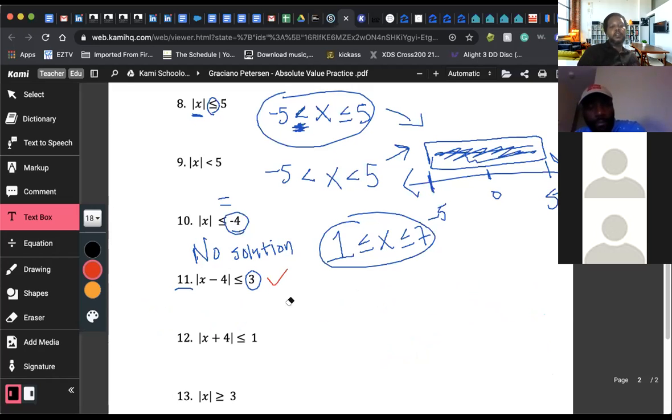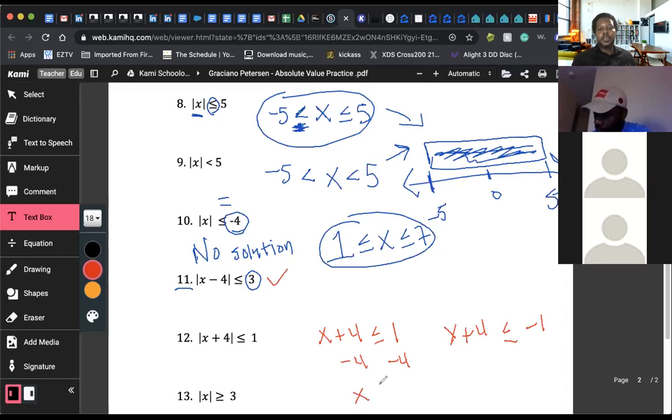Let's try number 12. Again, number 12 is already isolated for us, so all we need to do is set up our 2 possible answers. So we need to do x plus 4 is less than or equal to 1, and x plus 4 is less than or equal to negative 1. And we need to solve for x in both cases by subtracting 4 from both sides.